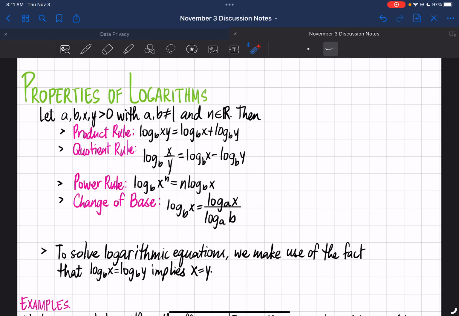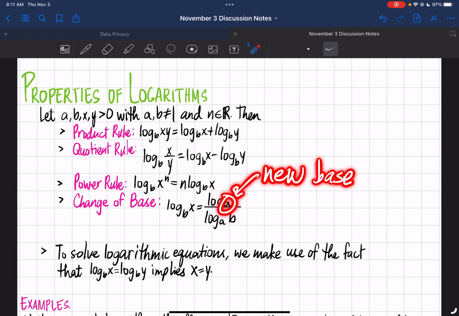Then the last one is change of base. So ang ginagawa ng change of base class is pinapalitan mo yung base ng logarithm mo from base b to another base, say a. So tong property na to, log of x base b equals log of x base a. So yung a class, ito na yung new base natin.